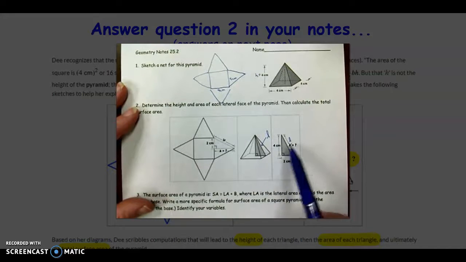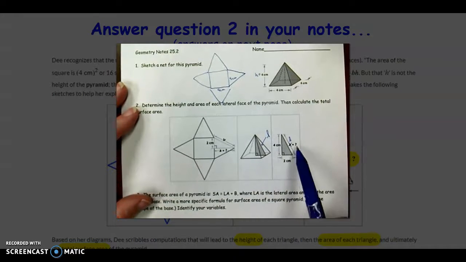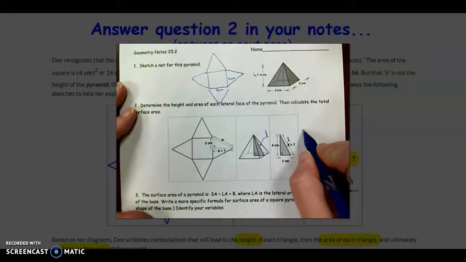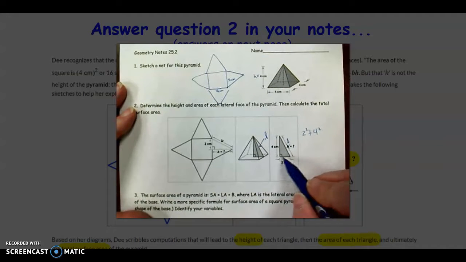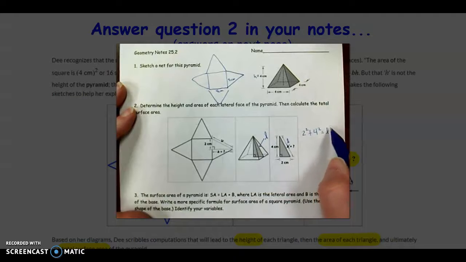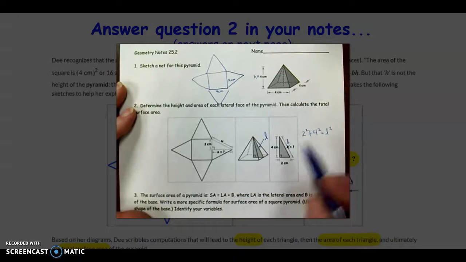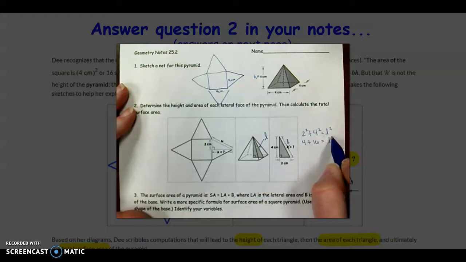We have a 3, 4, 5, but we don't have a 2, 4, something. So we have to use the Pythagorean theorem: 2 squared plus 4 squared, since those are my legs, equals that slant height squared. So we know 2 squared is 4 and 4 squared is 16, and so those add to get 20. So we know the slant height is the square root of 20.